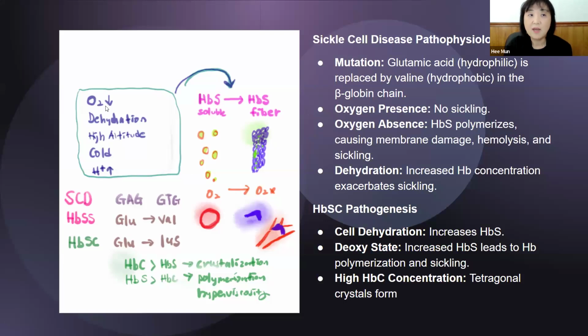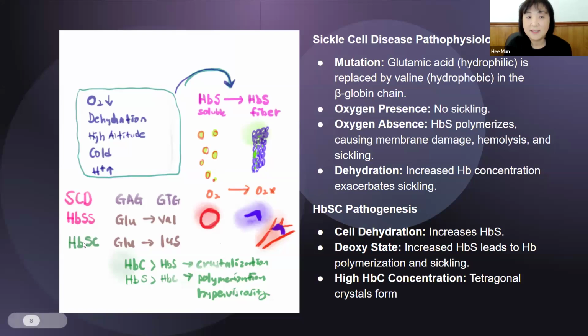When does it happen? When you have reduced oxygen, dehydration, high altitude, cold, extremely high temperature, or acidosis, which can exacerbate sickling. Dehydration increases hemoglobin concentration, which also exacerbates sickling.